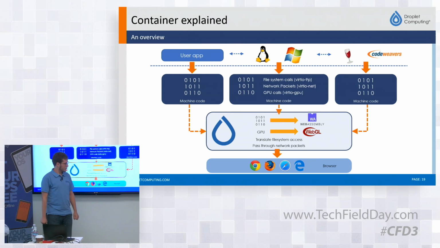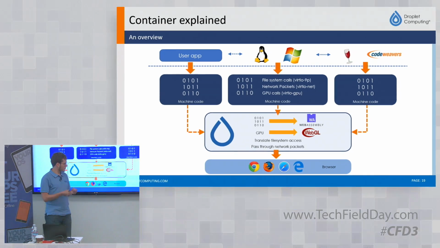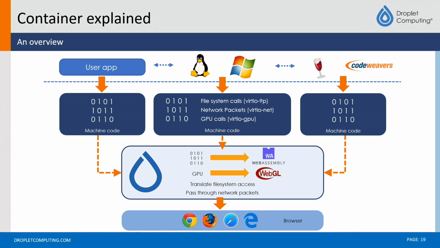So we take those things into our container, and then we translate them into calls to the APIs that browsers provide. In particular, the machine code we execute through WebAssembly. The GPU calls we translate to WebGL, and then we handle file system access and network access, depending on how browsers provide these. Browsers are a bit restrictive, but they can be made to work.